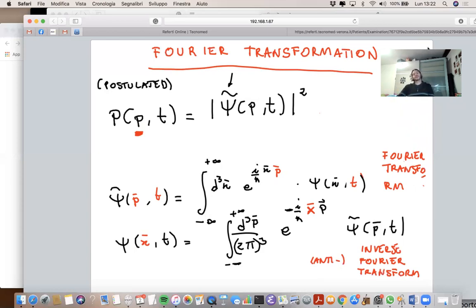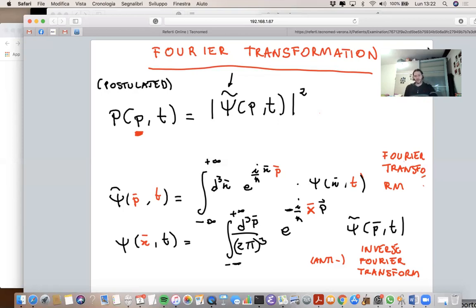Basically, it's like taking a train from position to momentum and from momentum to position. If you take the train from position to momentum and then the train from momentum to position, you get back to the very same point.